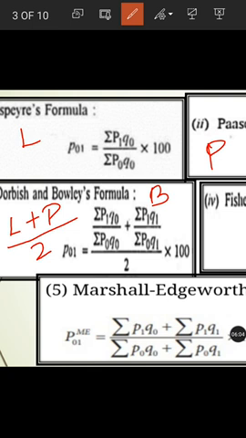This is the expanded formula. Here you can see Laspeyres', where only the base year quantity is taken, and this one where the current year's quantity is taken. So Laspeyres' plus Paasche's divided by 2, into 100. You have to remember that we take into account only the Laspeyres' and Paasche's formulas. Once you are thorough with them, the rest of the formulas are very easy to compute.